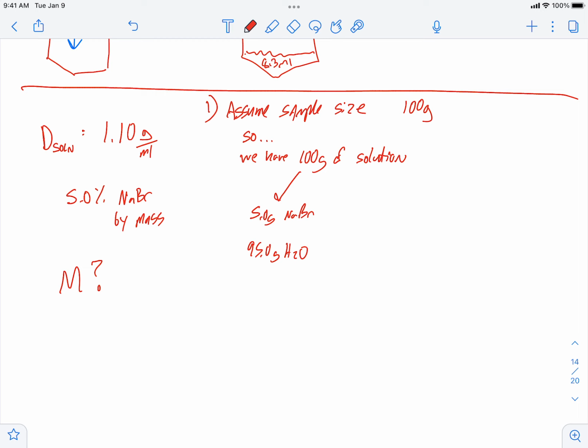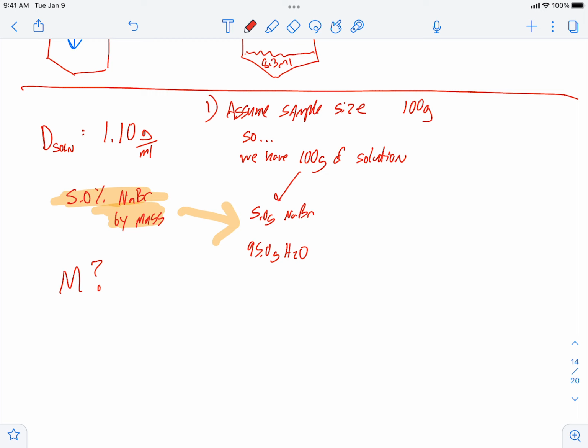I'm going to pause there and let that sink in. Are you guys okay with that? We said it was a 5% solution, so 5 grams out of our 100 is sodium bromide. There's 95 grams of water, okay?